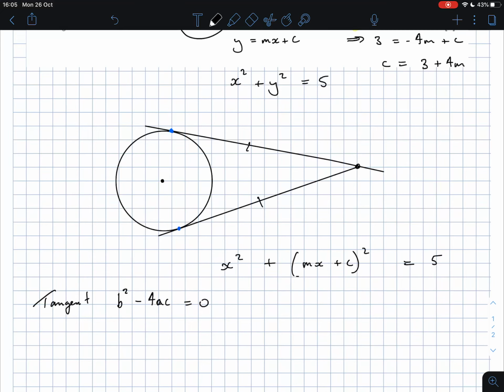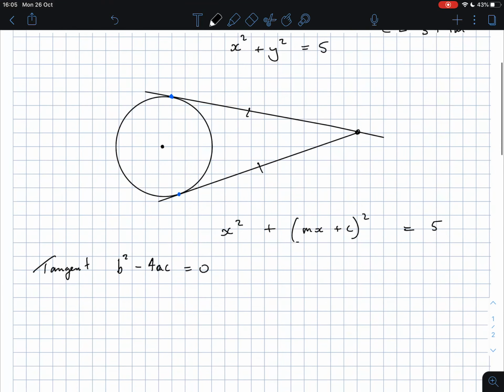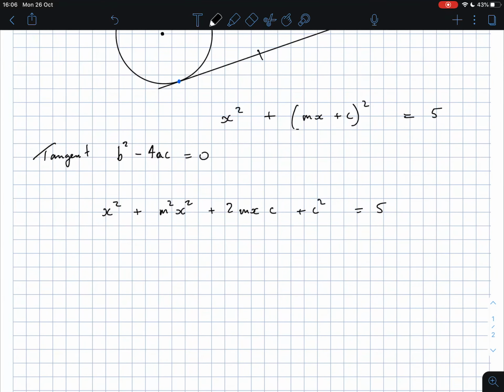Okay, so let's just plough through this a little bit. We've just got to expand that line, so we should have x squared plus m squared x squared plus 2 lots of mxc plus c squared equals 5. Using this relationship, I've got to try and now get an x squared term.